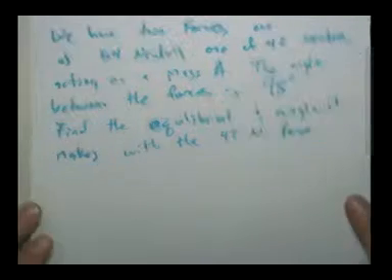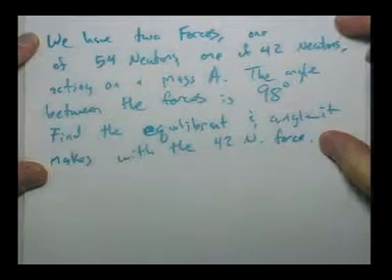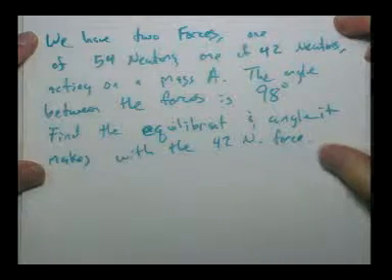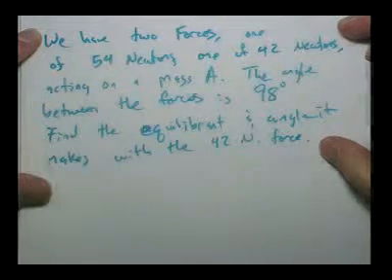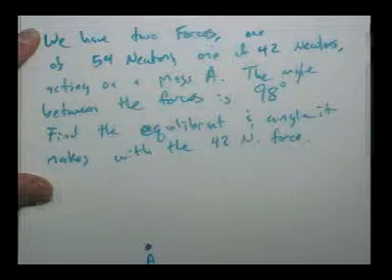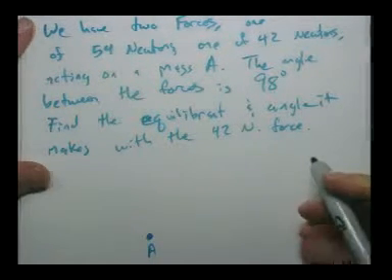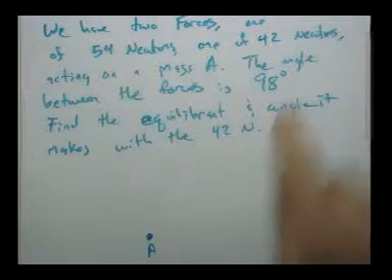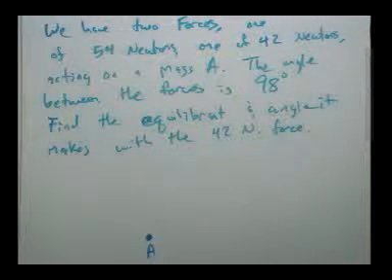So what does that mean? What is the picture? Remember, pictures are really important. What is that picture associated with this? Well, we're going to create a mass A, and then we have two forces acting at a 98-degree angle.